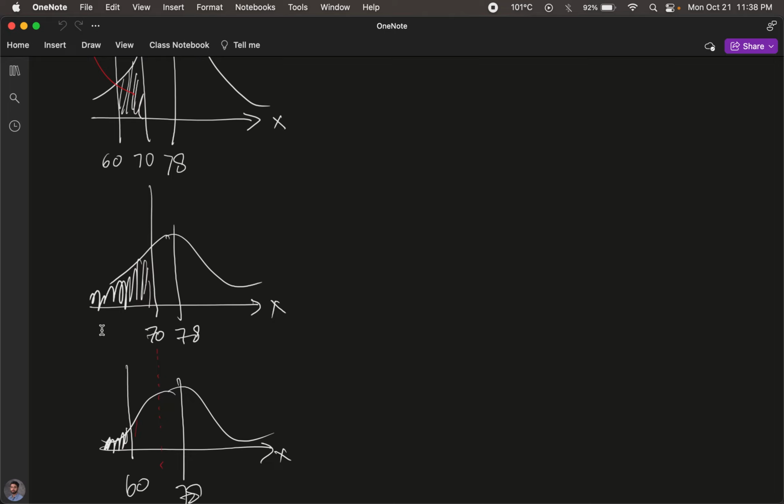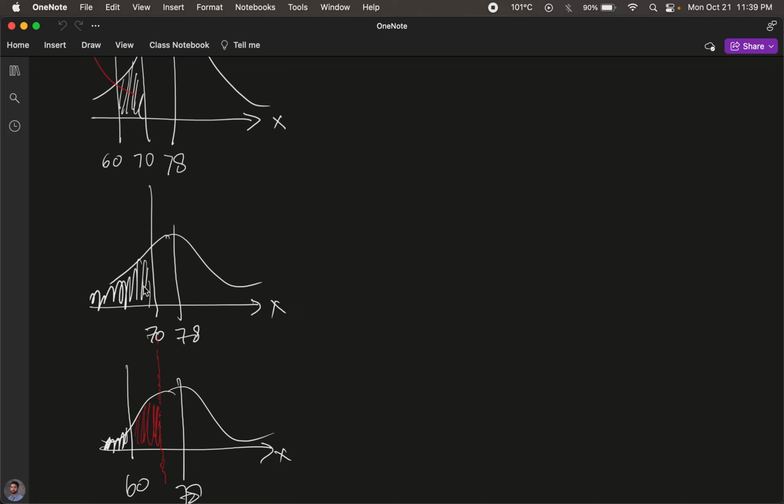There it is. If I extend the 70 line on this curve and subtract the smaller region from this big region, you come across this central region that we were interested in. So then the question really is, how do you find these regions?